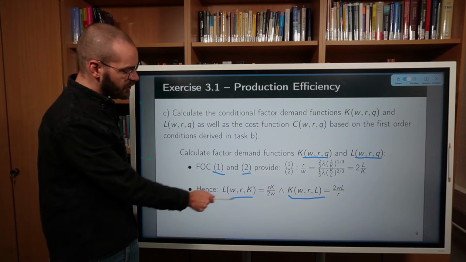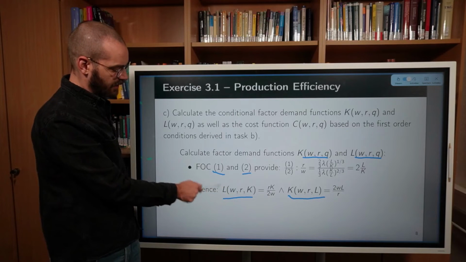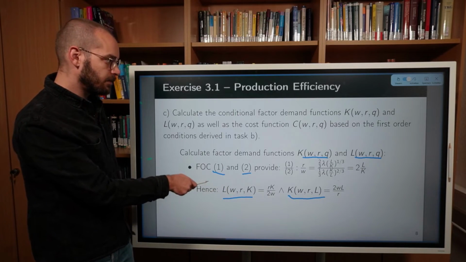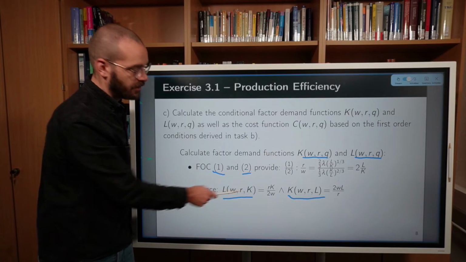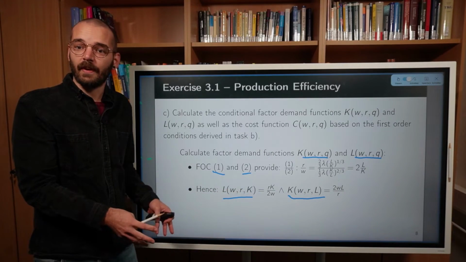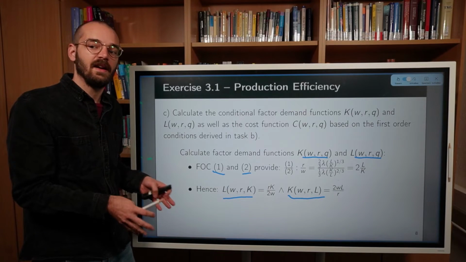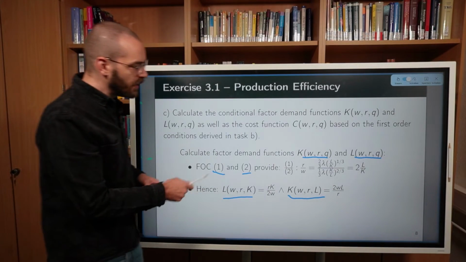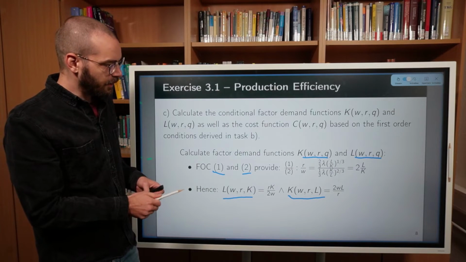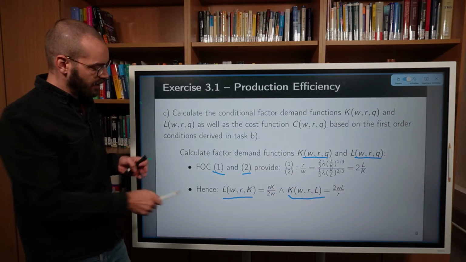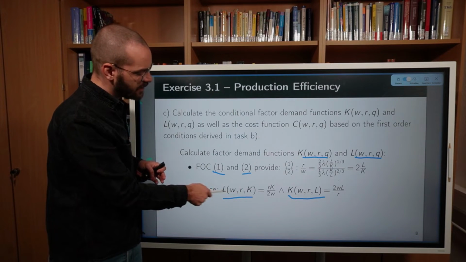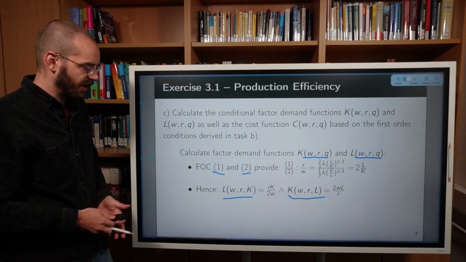Notice how each of these factor demand functions still depends on the second factor, and not on the actual quantity. So we're not quite there yet. But we can already calculate a factor demand which depends on the prices of the factors as well as on the second factor.